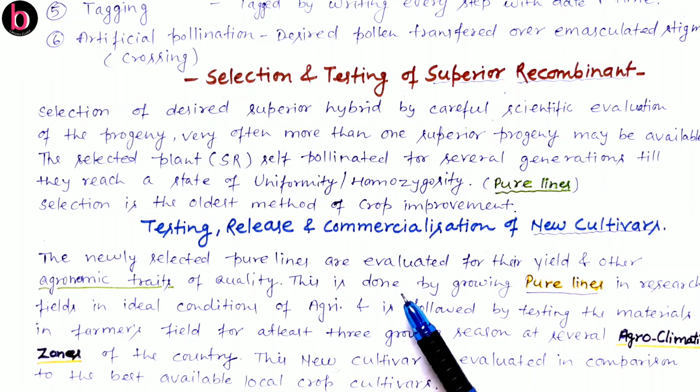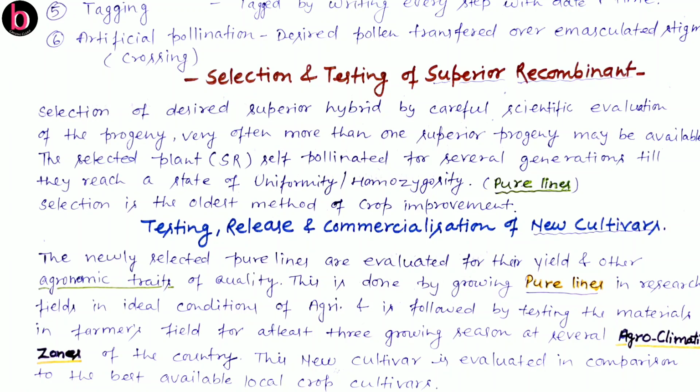This testing is done by growing these pure lines in a research field in ideal conditions of agriculture. So what are ideal conditions of agriculture? It means we have to irrigate the crops properly, provide proper nutrients, proper manure, proper temperature. Everything must be according to the need.